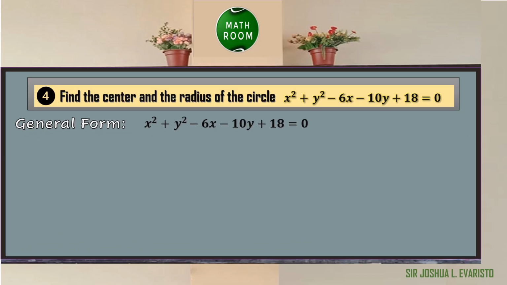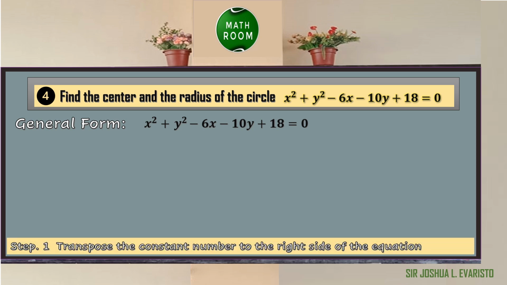Let us now transform the general equation to standard equation. First step is to transpose the constant number to the right side of the equation. So we have x squared plus y squared minus 6x minus 10y. Then transpose 18, it will become negative 18.